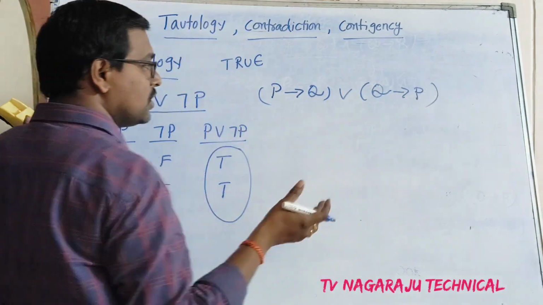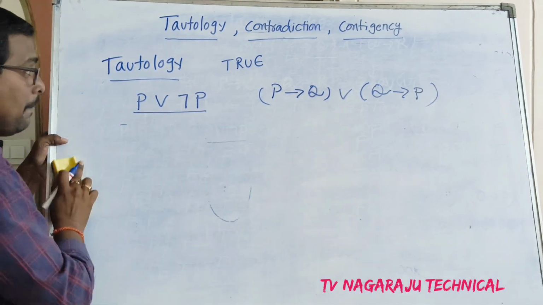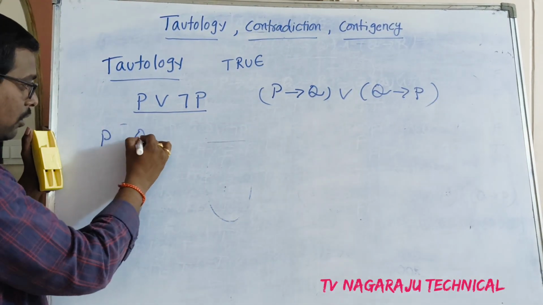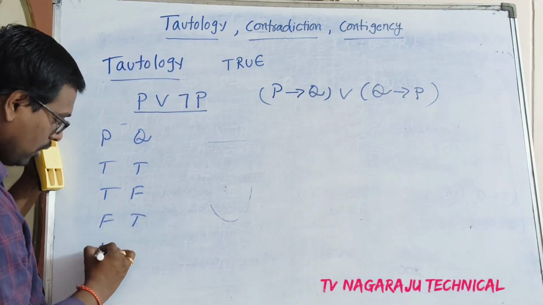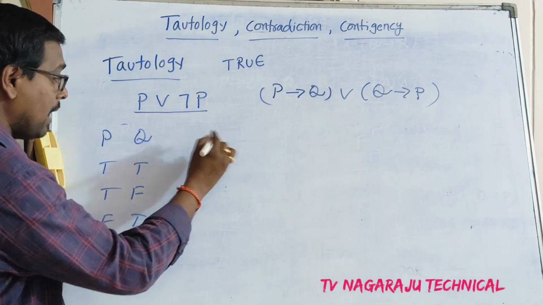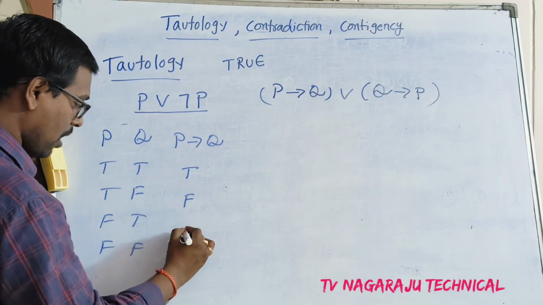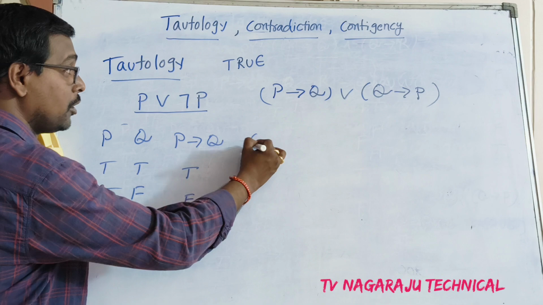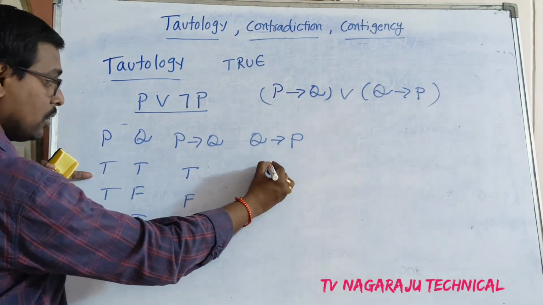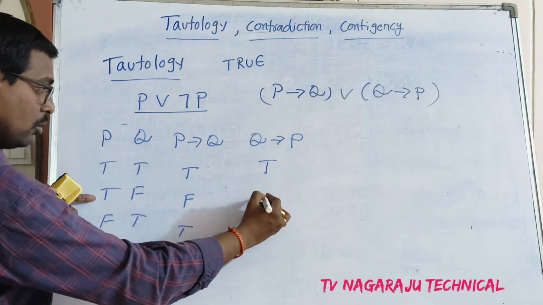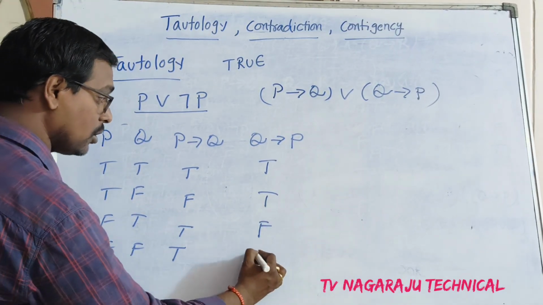For example, P implies Q or Q implies P. Check whether it is true or not. First we write down P and Q: true, true, true, false, false, true, and false, false. P implies Q is true, false, true, true. Q implies P is the reverse: true, true, false, true.